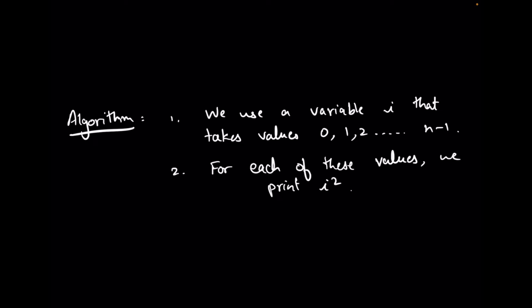Now to do the first step, we can easily do this using loops, and specifically it is easier to do using for loops. So how would we do it using for loops? All we need is to assign the initial value of i as 0 and then keep incrementing i's value by 1.